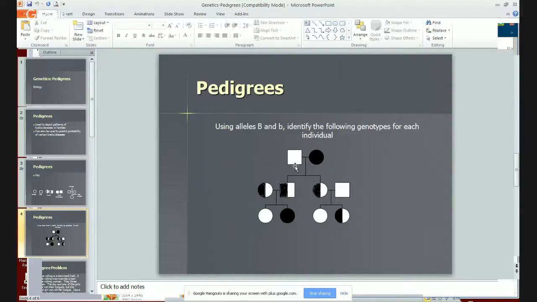If he was a carrier, he'd be halfway shaded. So he would be big B, big B. He married a woman here who does have this particular disease or trait. Since she's completely shaded in, she'd be little b, little b.